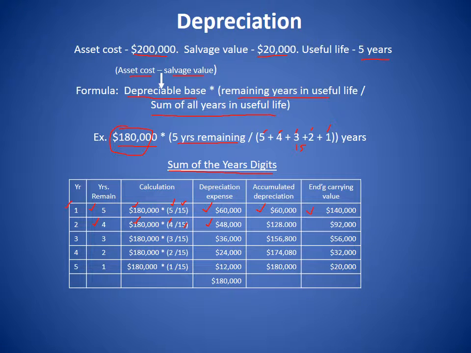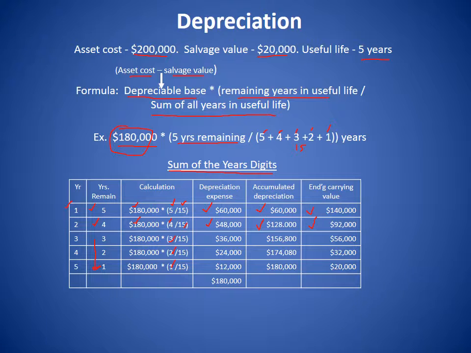And the accumulated depreciation now becomes the 60,000 plus the 48,000, so it's a total of 108,000. That amount subtracted from our asset cost then will give us a carrying value of 92,000. And this process is going to take place through all the years 3, 4, and 5. And you can see where we're multiplying the 180 times 3/15, 180 times 2/15, and 1/15.